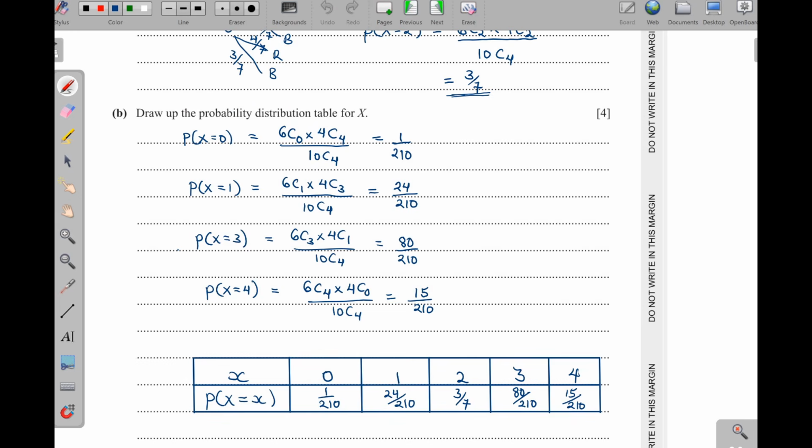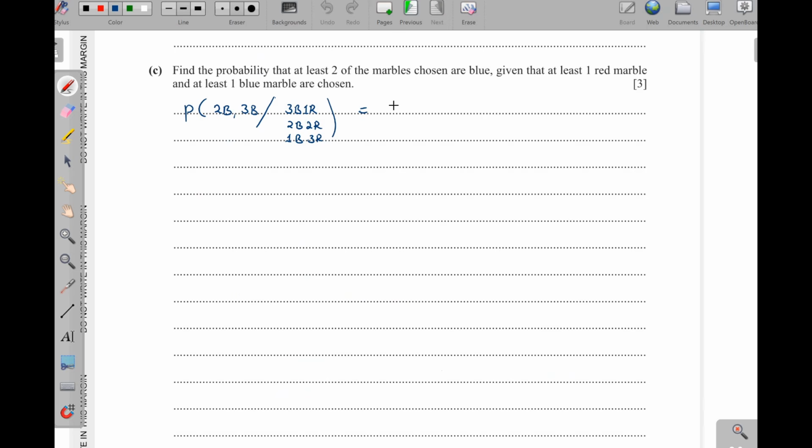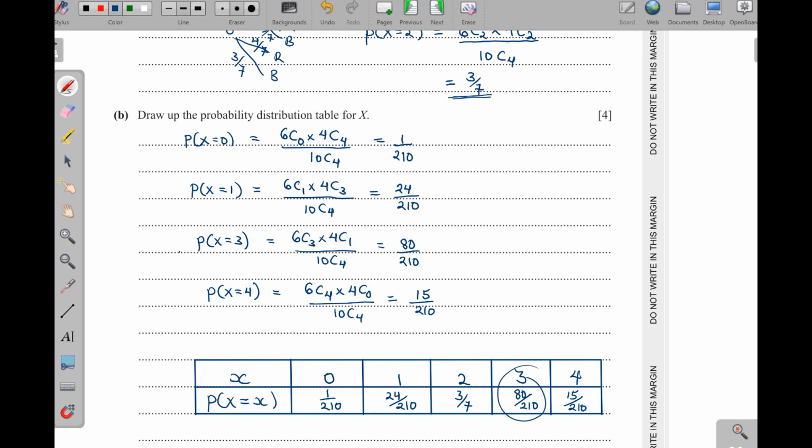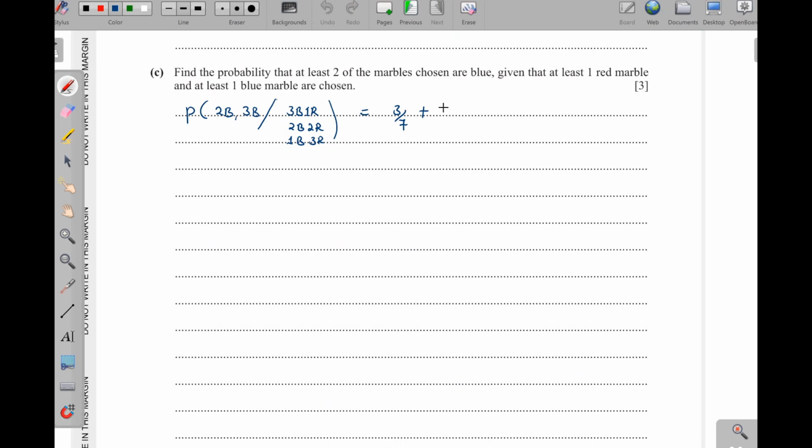For 2 blues, it is 3 over 7. Then plus 3 blues, we are seeing 80 over 210, which is the same as 8 over 21.